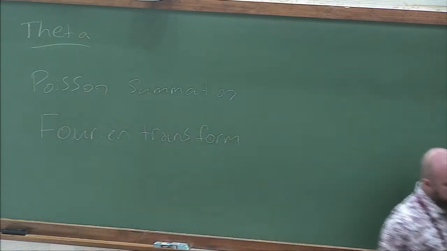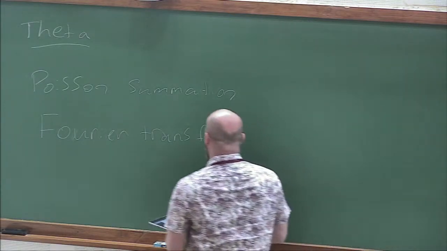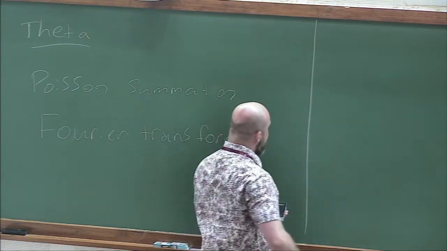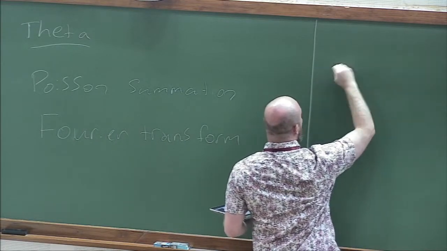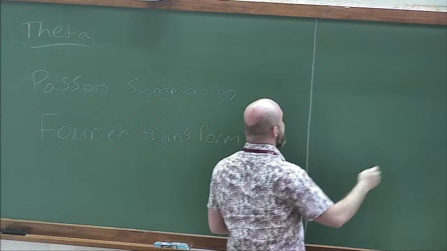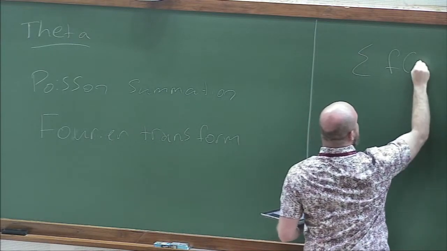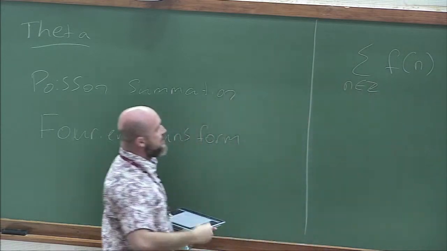Okay. So the idea here, what Poisson summation allows us to do, it allows us a tool to study functions of the form, or identities of the form, some summation of f of n, where n ranges over, say, all of the integers.